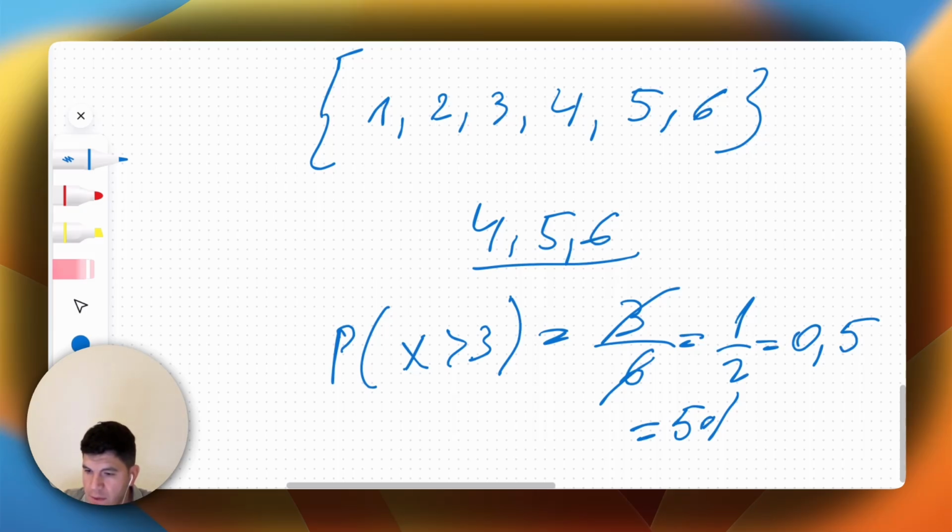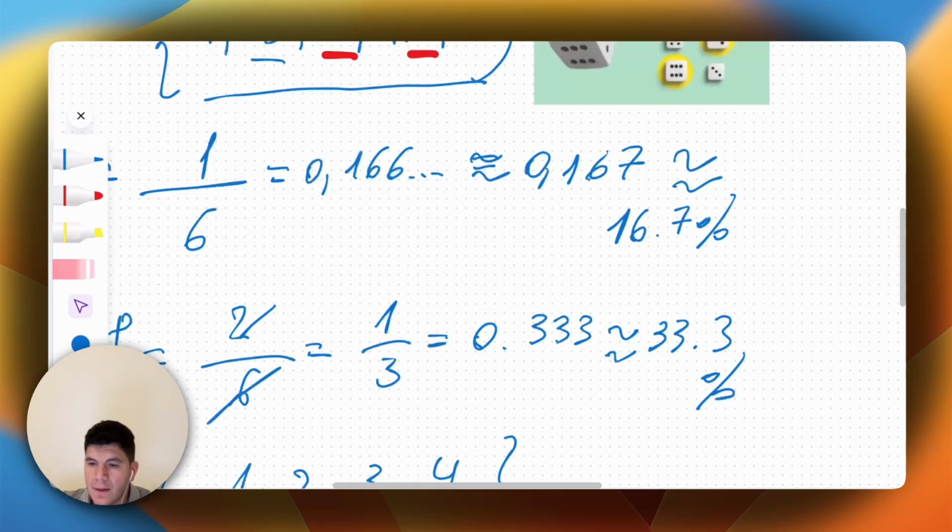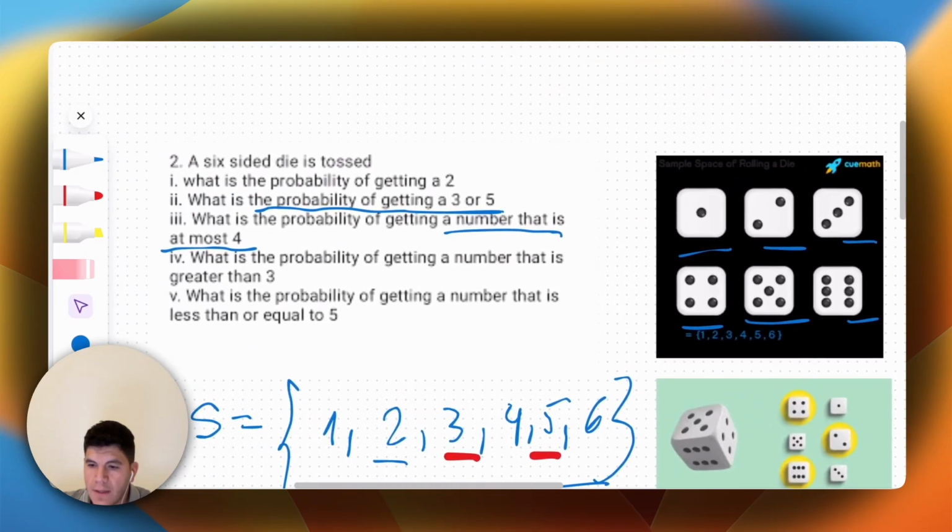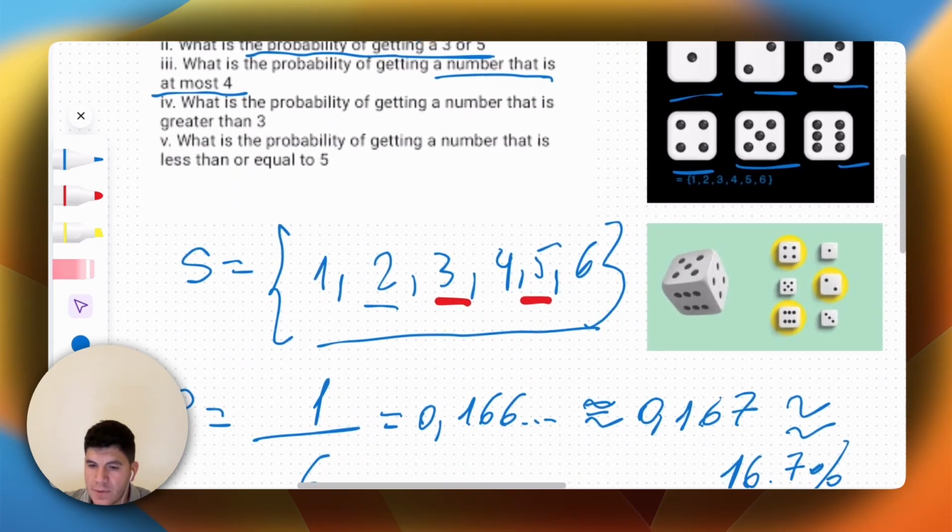I will just correct this one. So there's a 50% chance that we can get a number that's greater than 3.